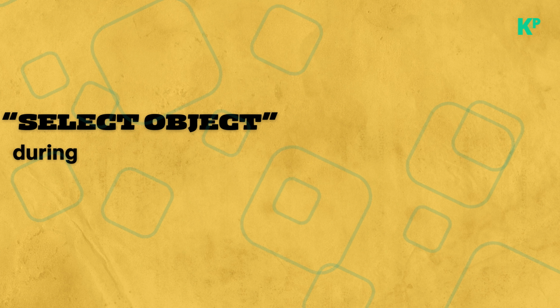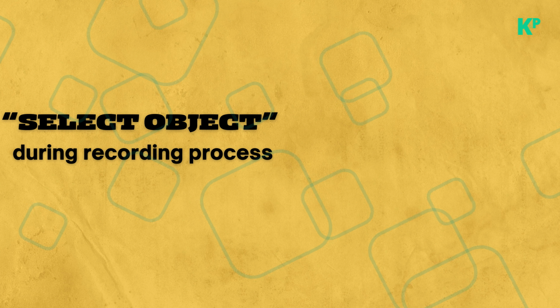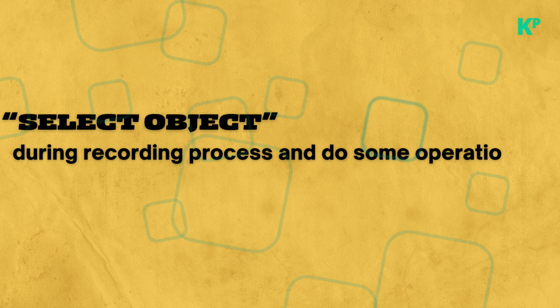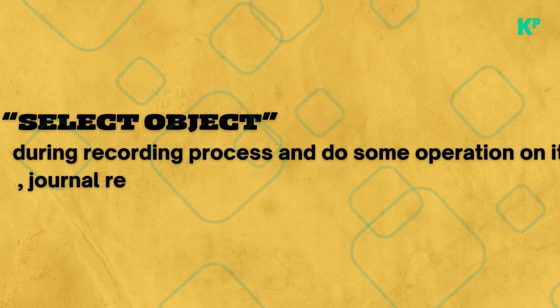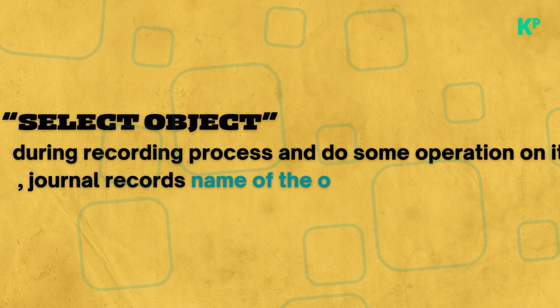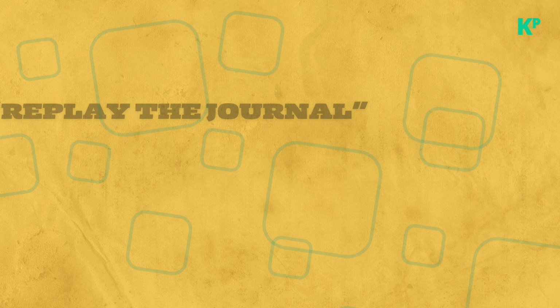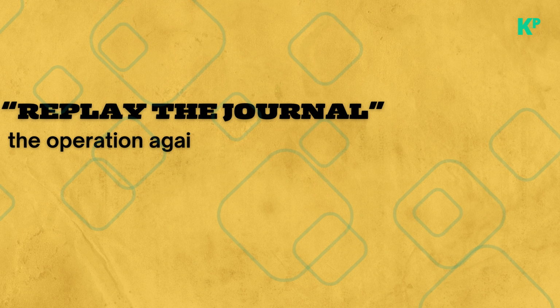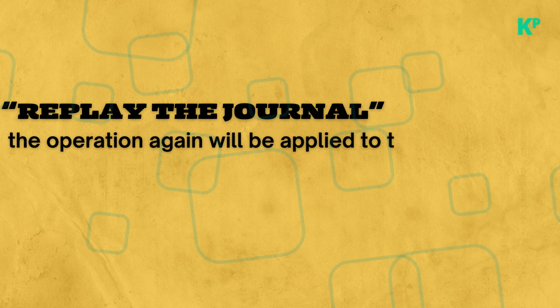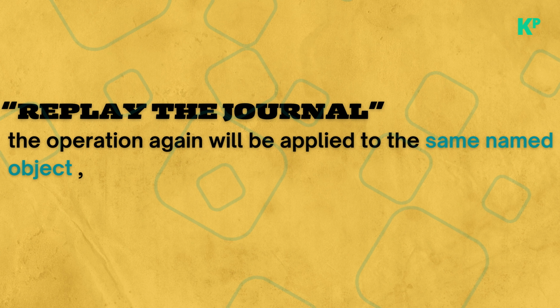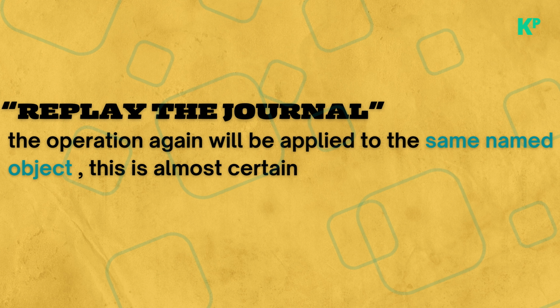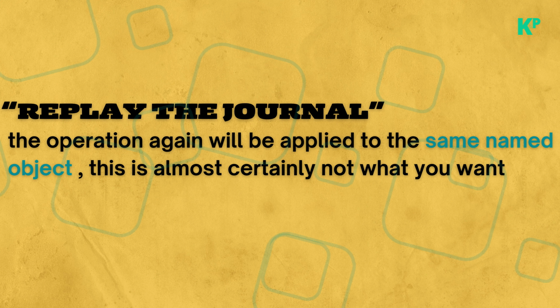And if you select an object during the recording process and do some operation on it, the journal actually records the name of that object. So when you replay the journal, the operation will again be applied to the same named object. This is almost certainly not what you want, right?